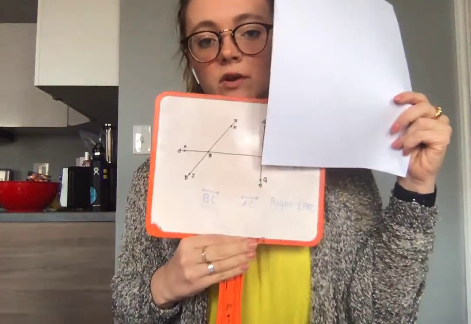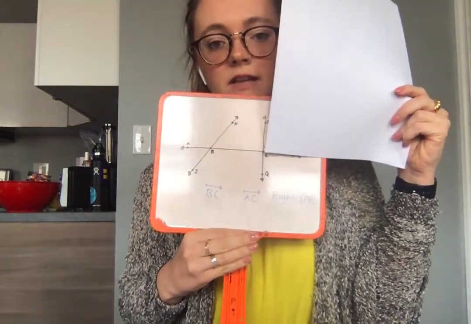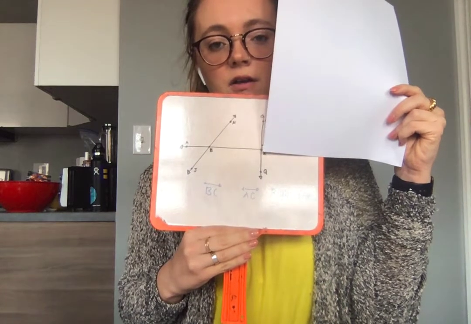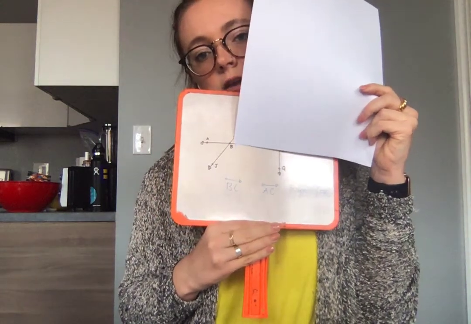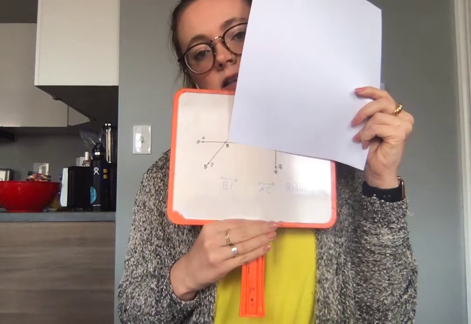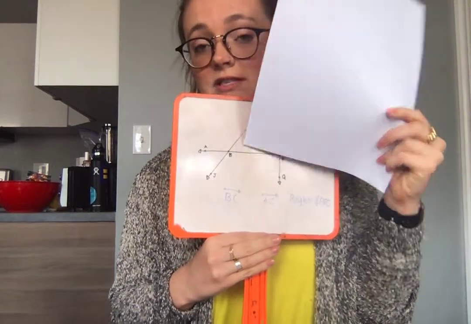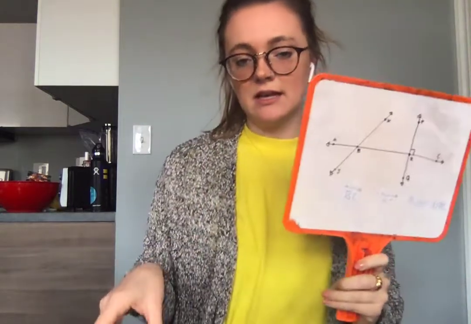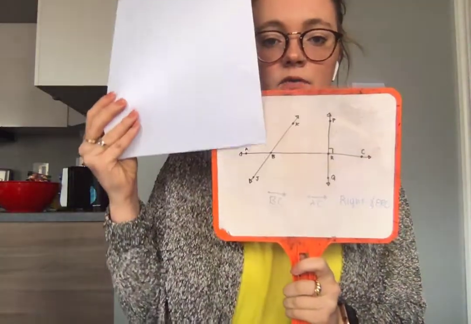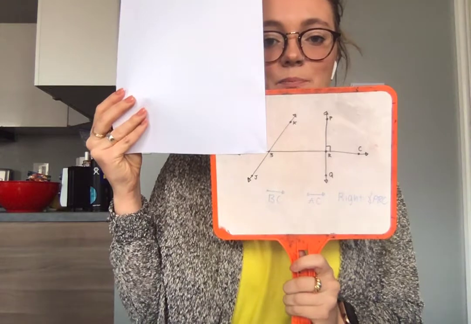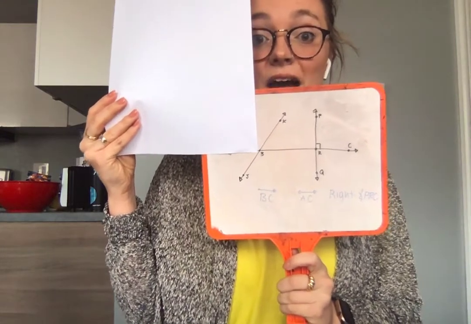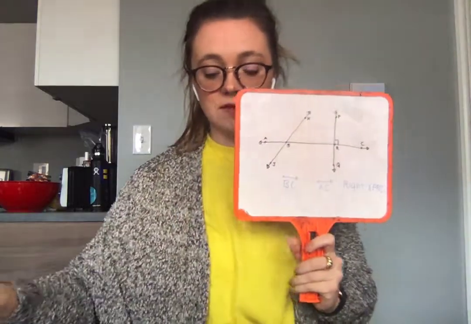So when I put this corner here, do you see that it fits perfectly? That's because it's a right angle. If I come over here to this one, I'm looking at this angle on this side, and it's littler than my paper. So that's not obtuse. That means that's acute. But if I take the same one and put it over here, ooh, that's bigger than my paper. So that one must be obtuse.